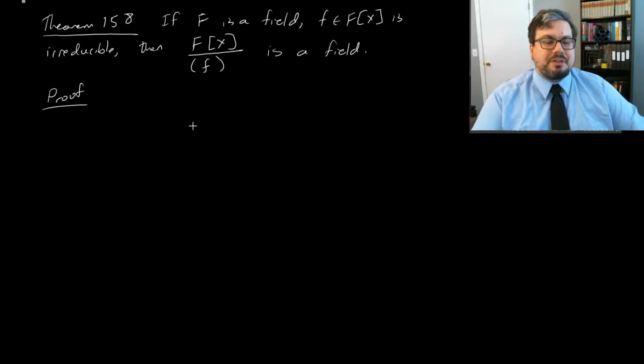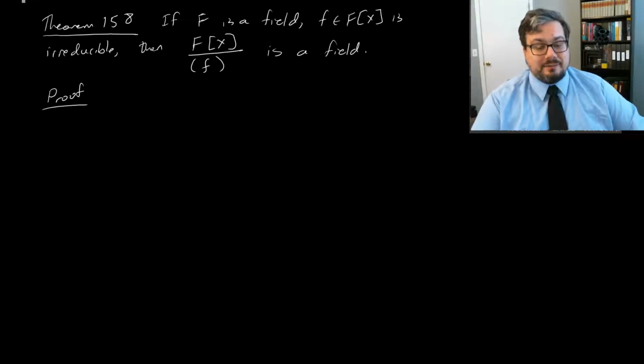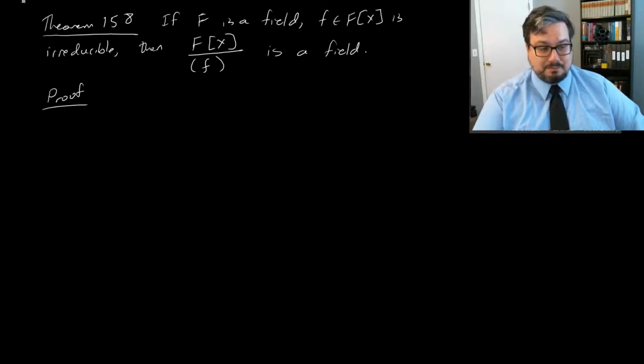Now, remember that quotienting by an ideal gives you a field if and only if that ideal is maximal. So we're going to be proving that the ideal generated by an irreducible element in F adjoin x is maximal.